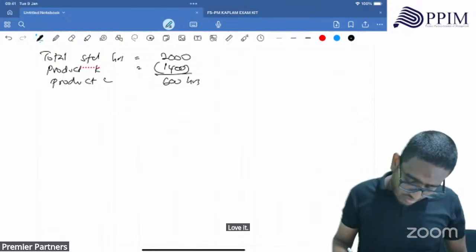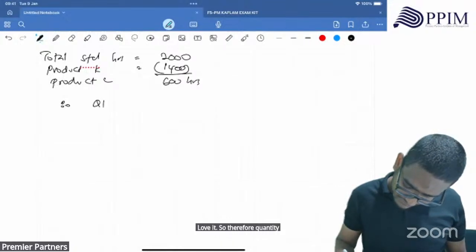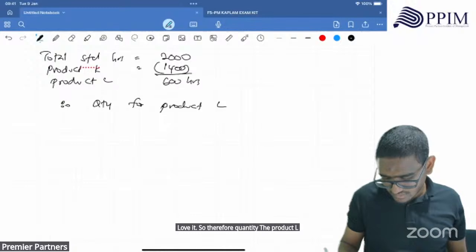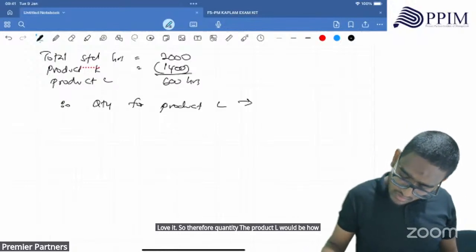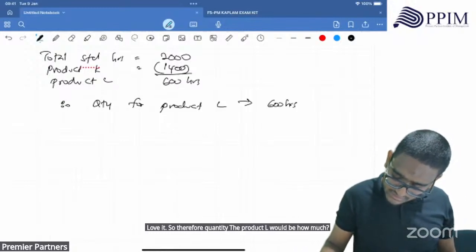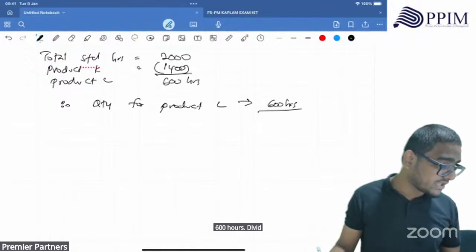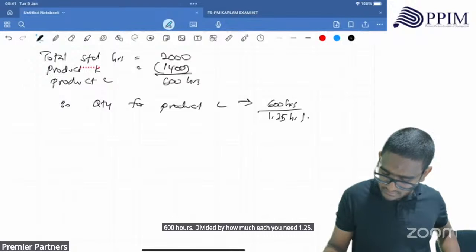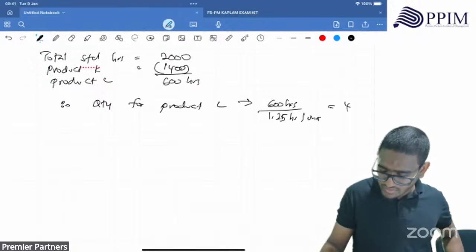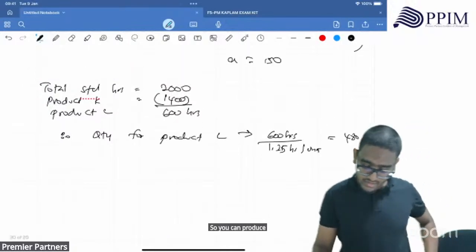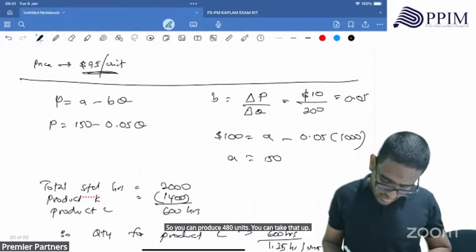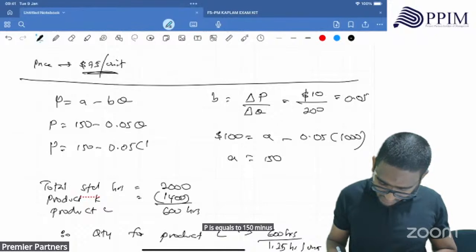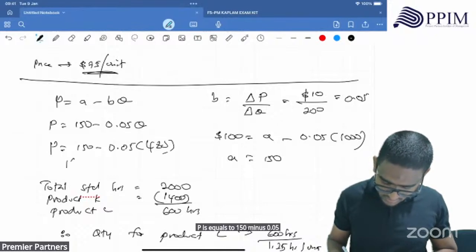So therefore, quantity for product L would be how much? 600 hours divided by how much each unit? 1.25. So you can produce 480 units. Okay, you can take that up. P is equal to 150 minus 0.05 times 480 to get your price.